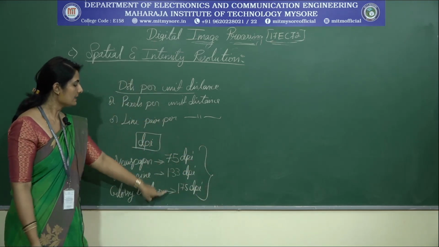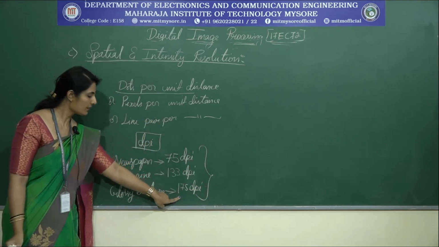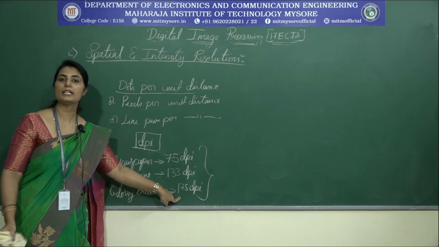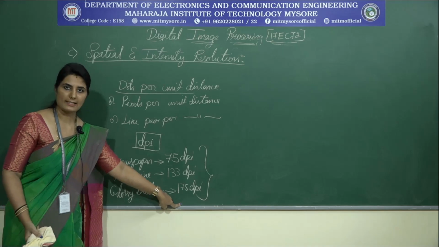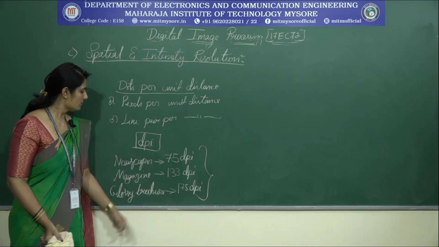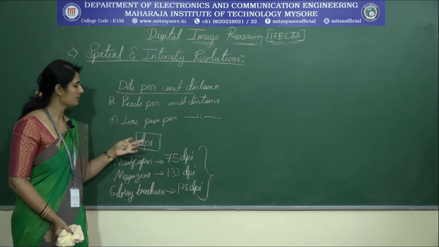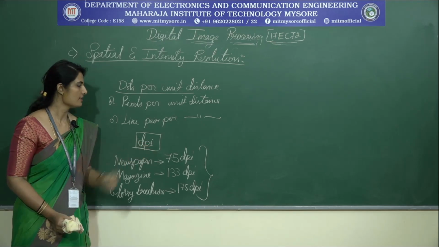So, as the number of dots per inch increases, the resolution of the image increases and hence the quality of the image also increases. This is what they usually use in the US.